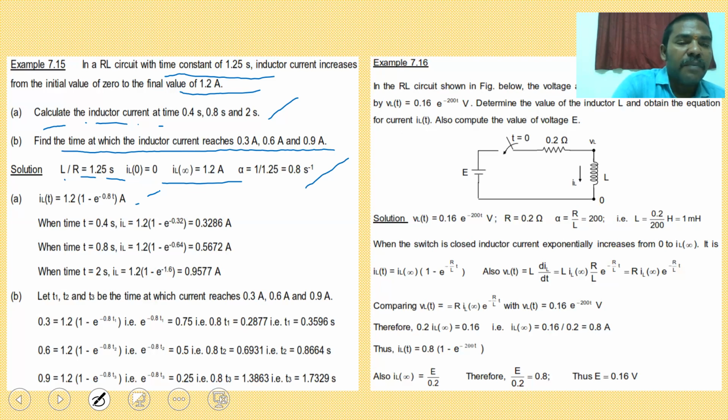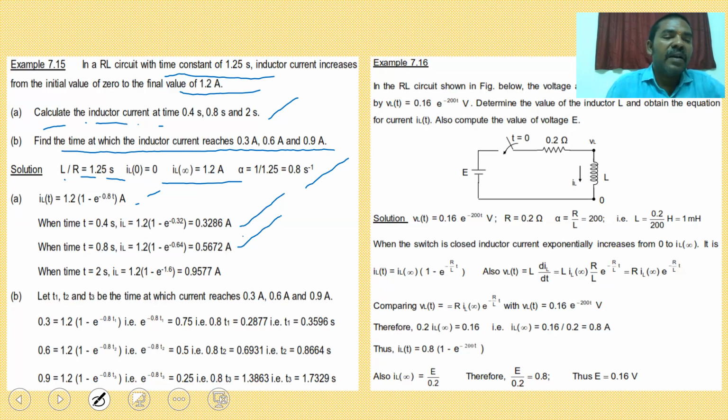We are calculating. By substituting t equal to 0.4 in the above equation, 1.2 into 1 minus e power minus 0.32, finally you get 0.3286 amperes. By substituting t equal to 0.8 seconds in the original equation, 1.2 into 1 minus e power minus 0.64, that is equal to 0.5672 amperes.